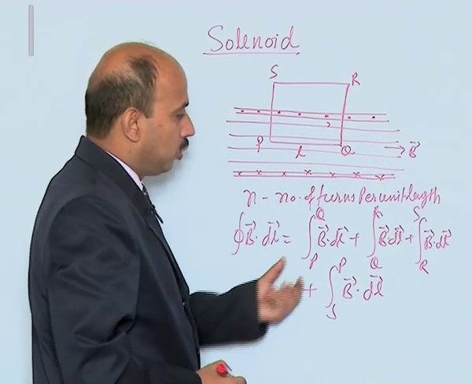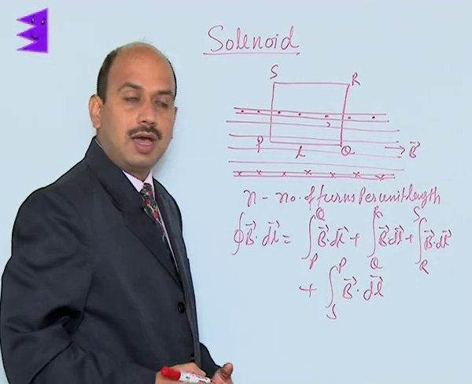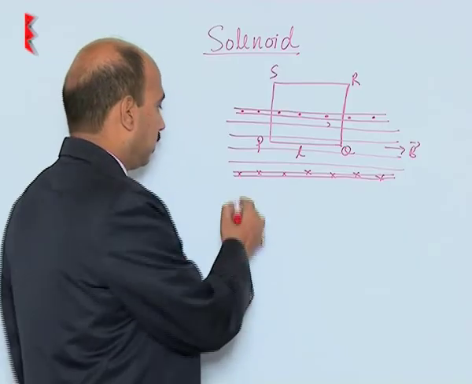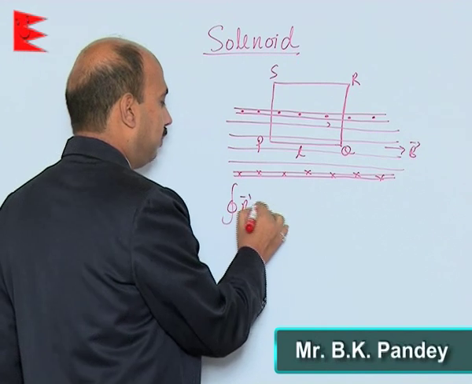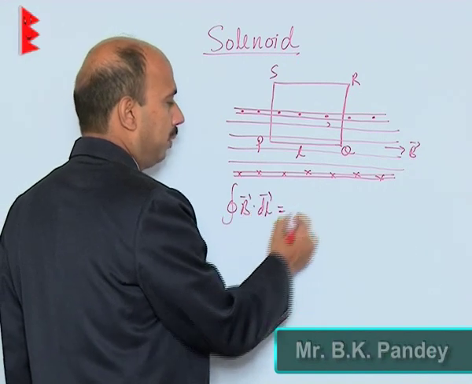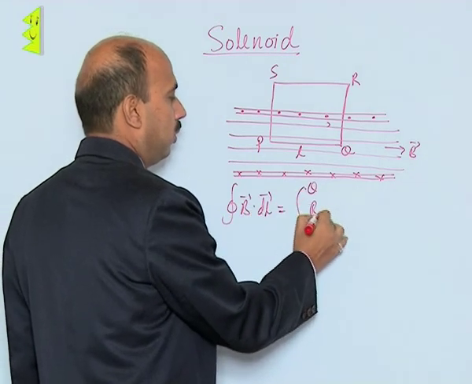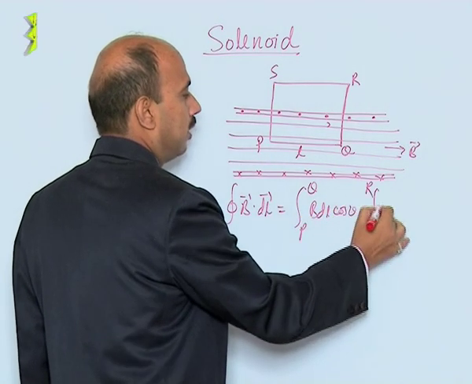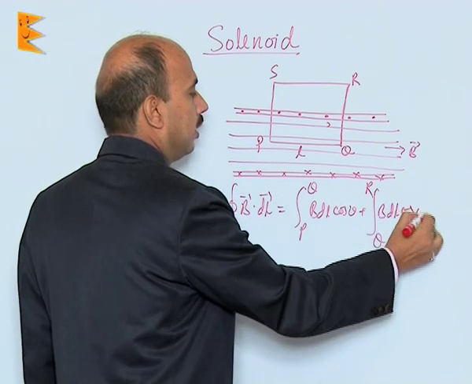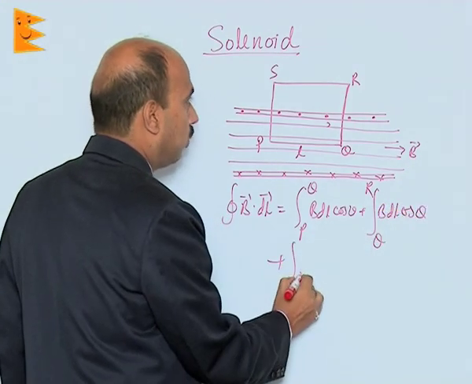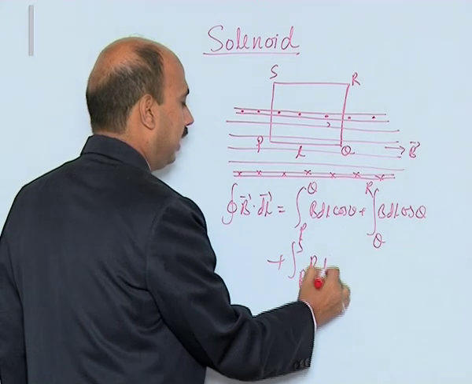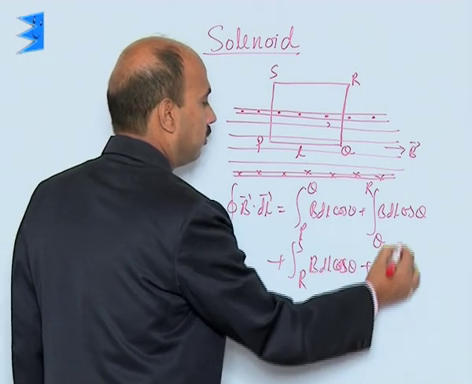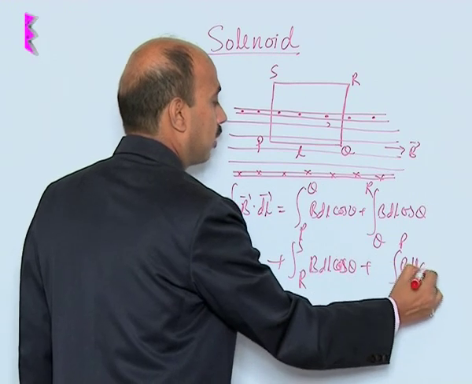Now, we will write the dot product of all these steps, and then we will put in the values of theta and B. So, the closed loop integral of B dot dl equals P to Q B dl cos theta plus Q to R B dl cos theta plus R to S B dl cos theta plus S to P B dl cos theta.